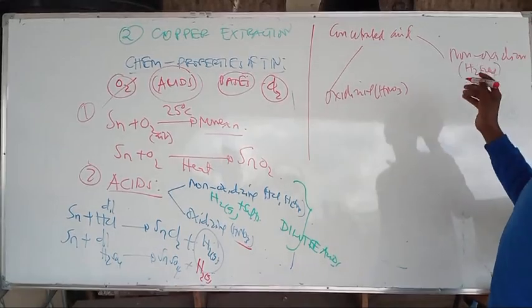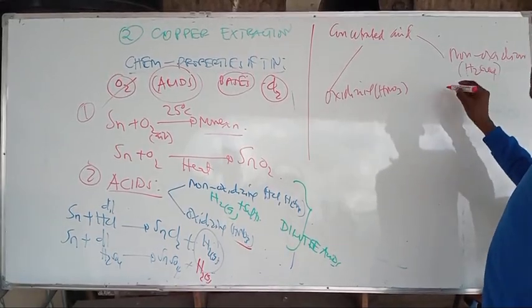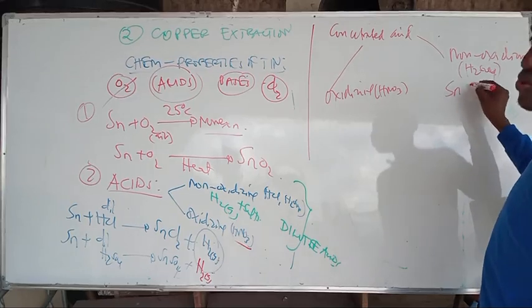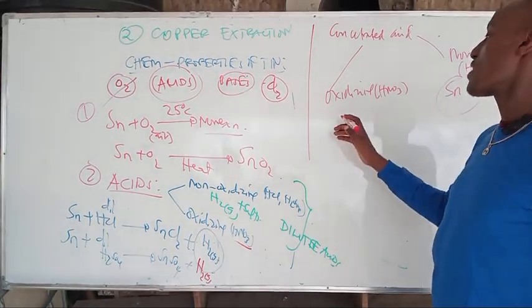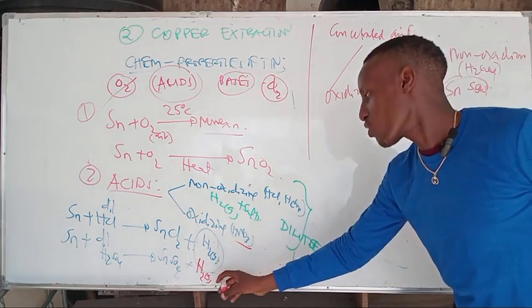When they are acting, for example, with concentrated sulfuric acid, what happens here? It just forms tin 2 sulfate. Tin 2 sulfate.